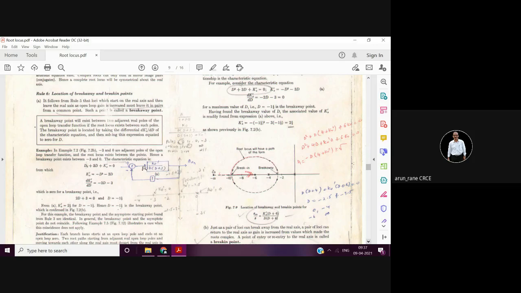And how many infinite zeros? One, that is D is equal to 0. Is this clear? So two poles, and then one infinite zero, and the finite zeros will be nil.